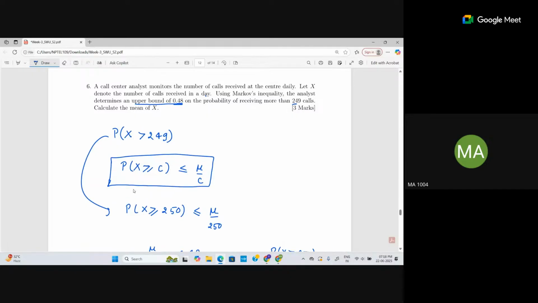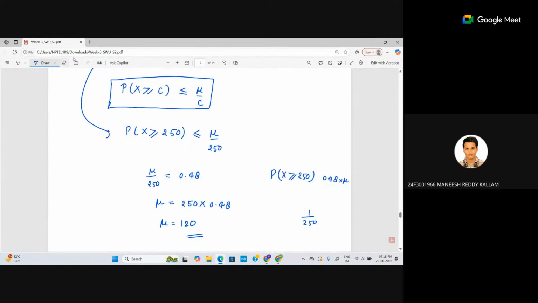Or you can directly say that the probability of receiving more than 249 calls will be less than or equal to 48%. Yeah, it's the opposite way of what I said. Yes, I get it.